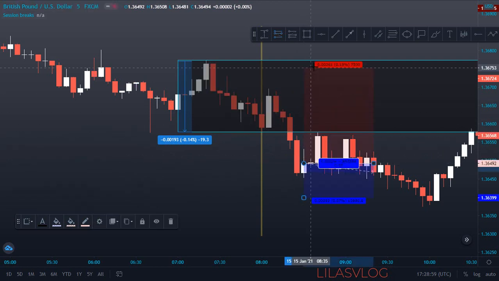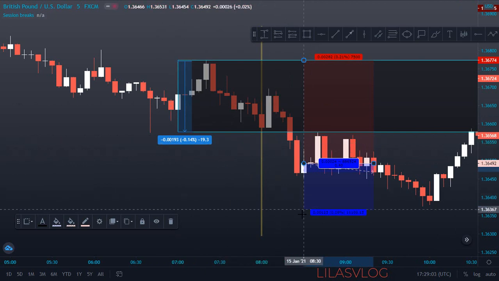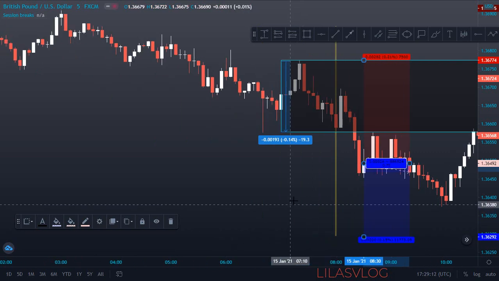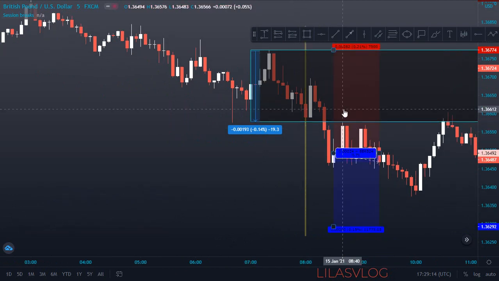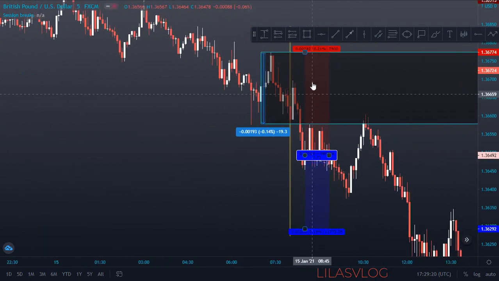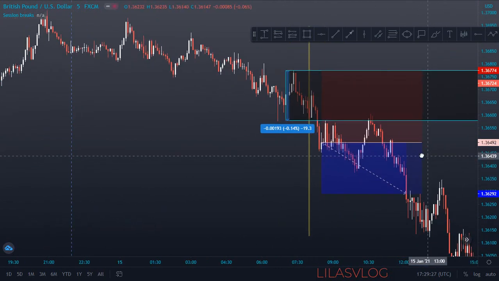Stop loss will be placed on the other side of the box, and 19 pips on target. You can set it 20, 1 or 2 pips more, it doesn't matter at all. So we risk 28 pips for 20 pips.